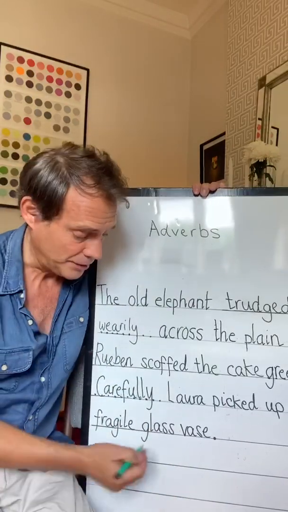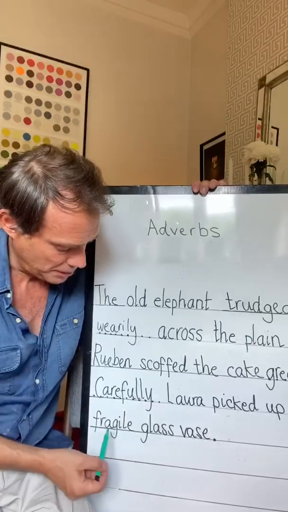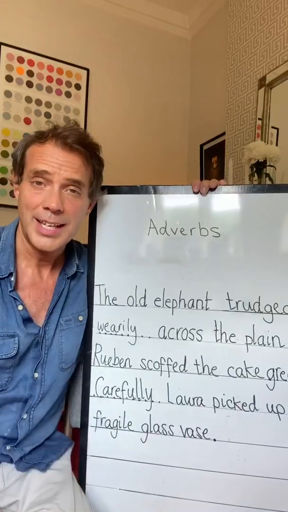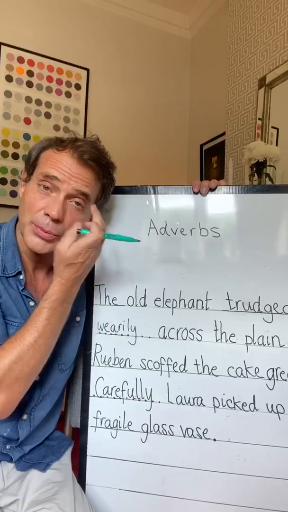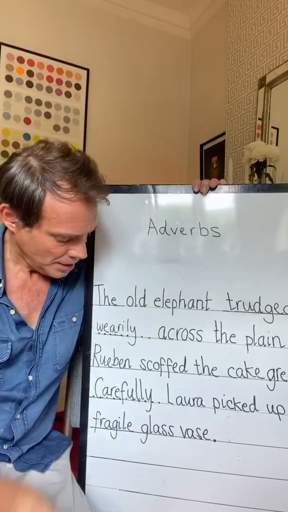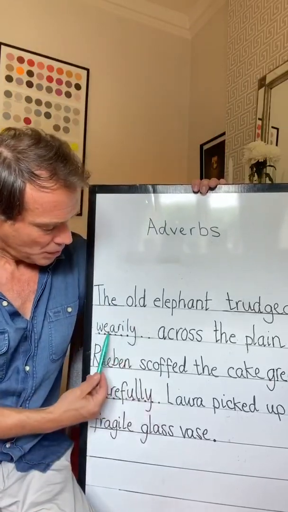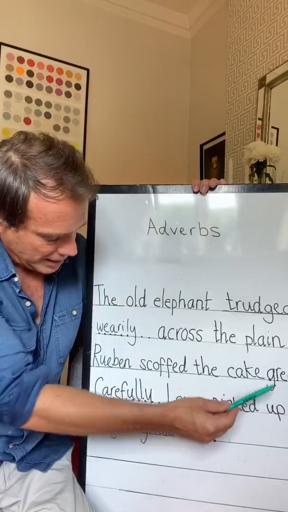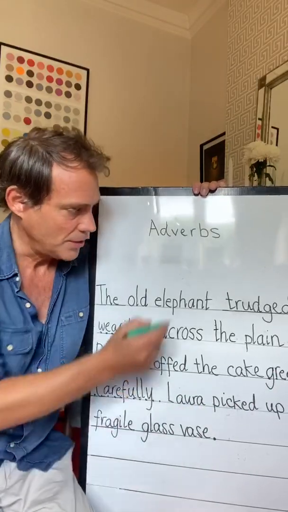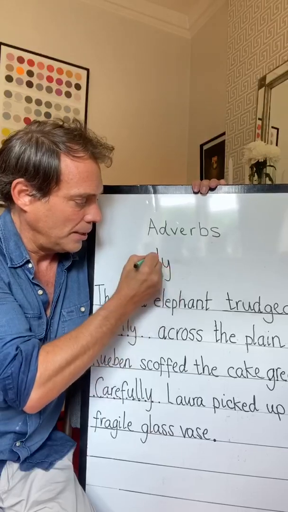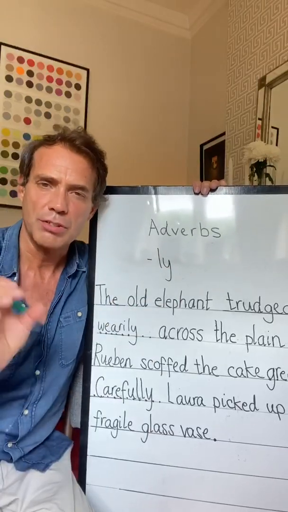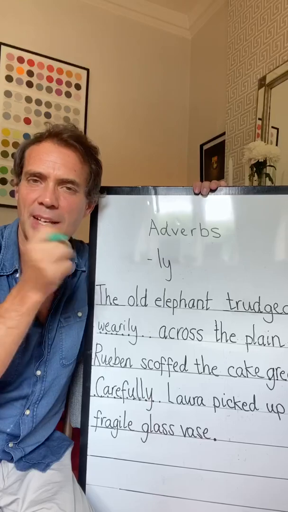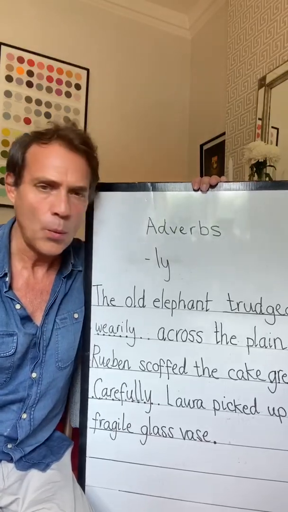You could have that adverb at the end of the sentence. Laura picked up the fragile glass vase carefully. It would work at the end as well. Okay? So these adverbs, wearily, greedily, carefully, you'll notice they end ly. Lots of adverbs which describe the verb end in an ly.